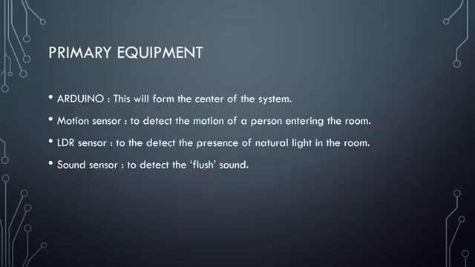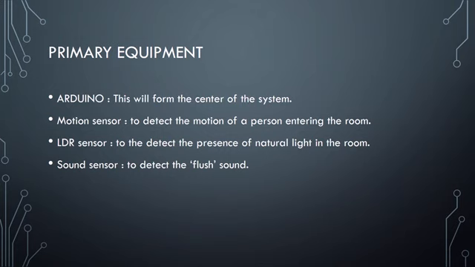So the primary equipment we used in this project is Arduino, motion sensor, LDR sensor, and sound sensor. The Arduino is the main center of the system. It runs the code in the background and collects the data.